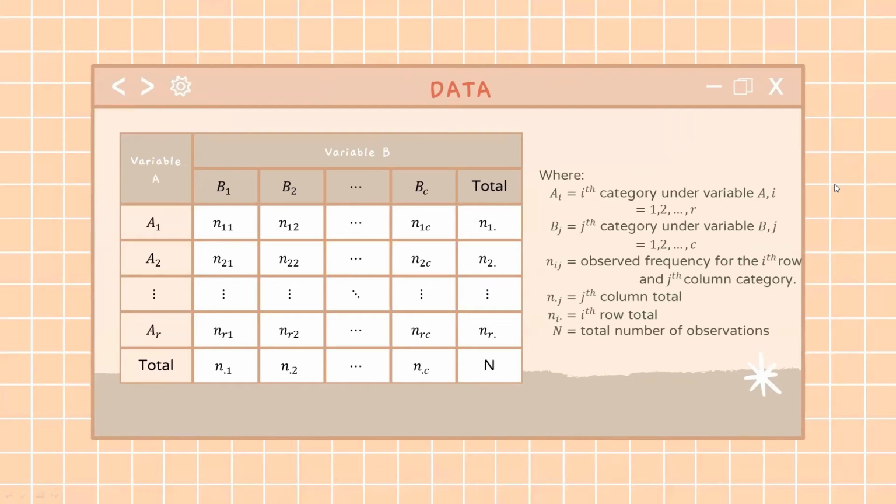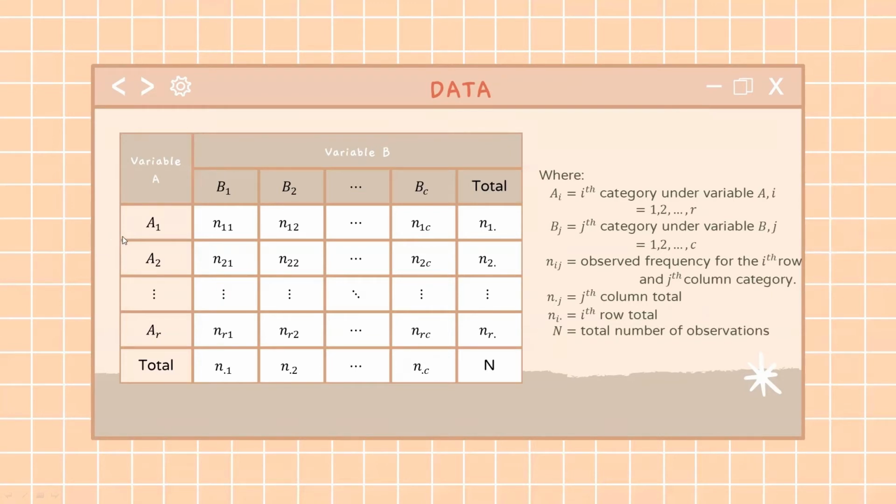The two variables A and B may consist of any number of categories, where A sub i is the ith category under variable A, i is from 1 up to R, B sub j is the jth category under variable B, j is from 1 up to C, n sub ij is the observed frequency for the ith row and jth column category, n sub dot j is the jth column total, n sub i dot is the ith row total, and big N is the total number of observations.